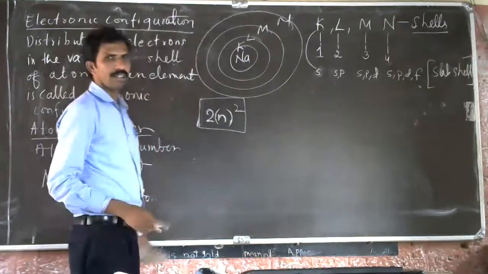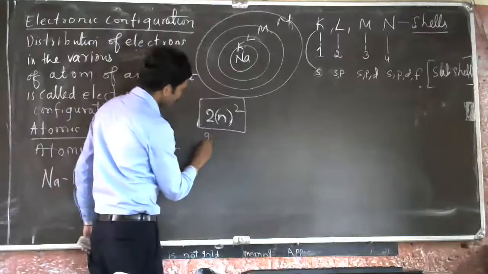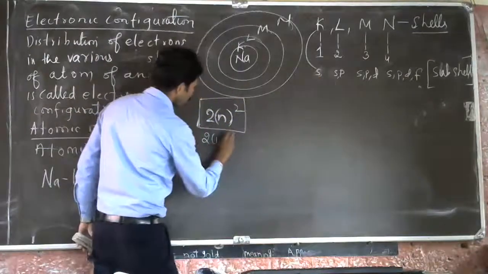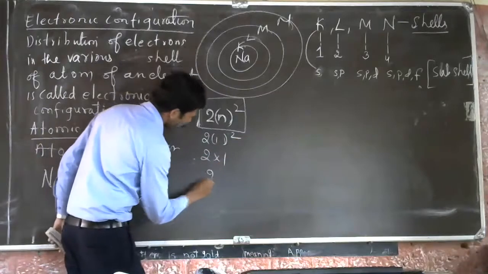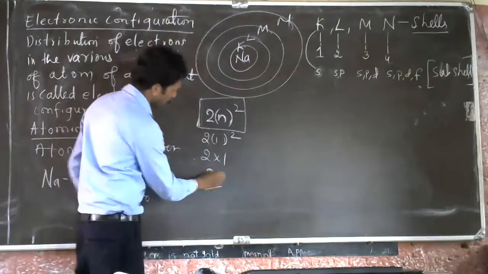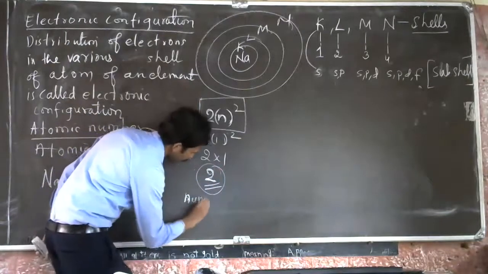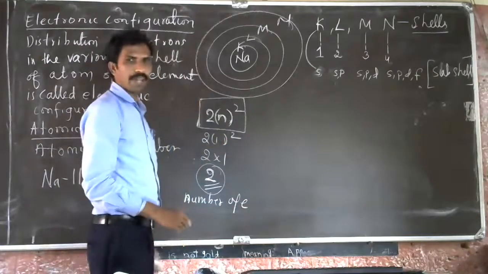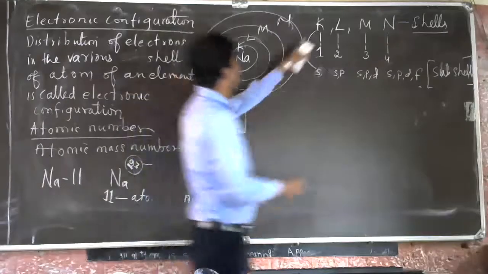in the various shells. See here, if we take n as 1, 1 square becomes 1 only, so after calculation 2 comes. 2 is the number of electrons which can be occupied in the K shell.